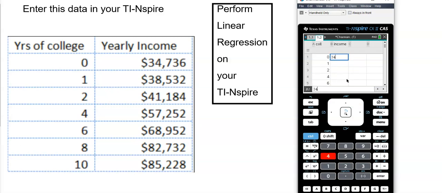And 4,736, 38,032, 41,184, 57,252, 68,952, 82,732, 85,228.